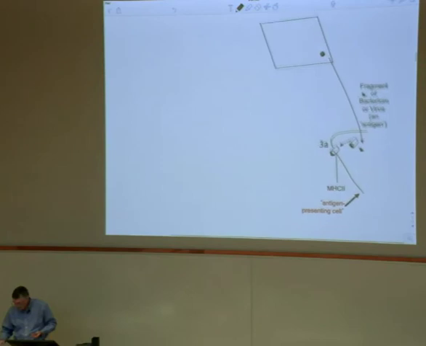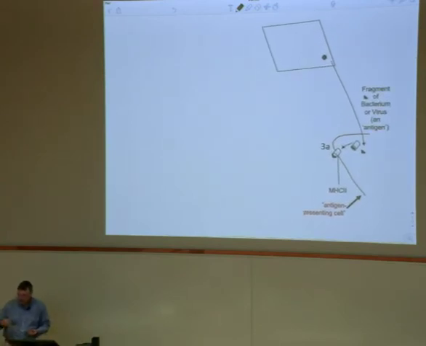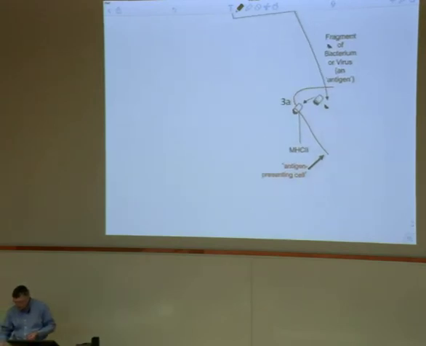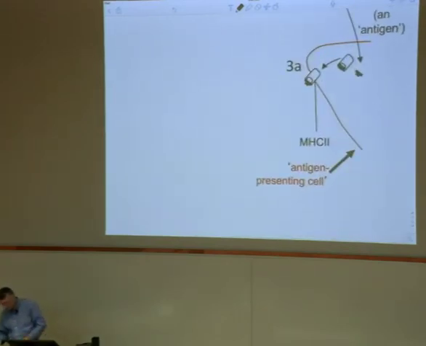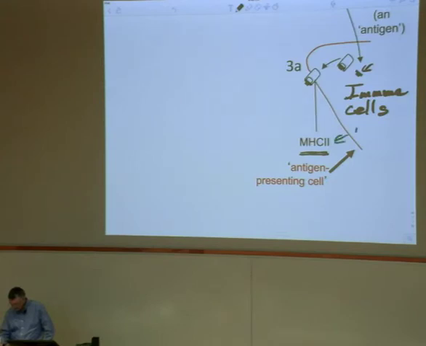All right, the second thing that happens is that fragments of bacteria or virus also wind up on what are called antigen-presenting cells. These are immune cells that have as one of their functions to put fragments in another MHC, MHC class 2. MHC class 2 is only on immune cells.